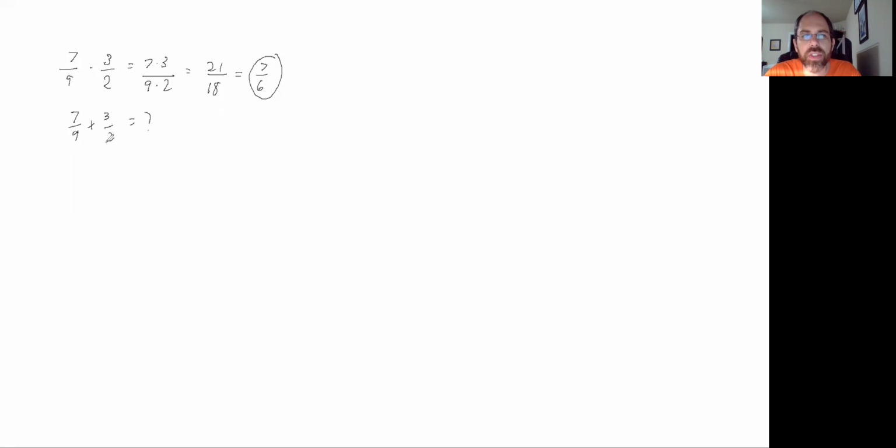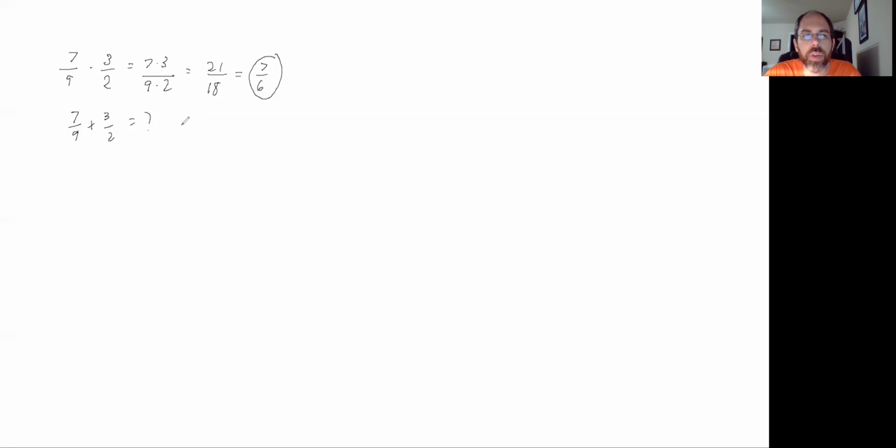I need to make these on the same terms. I need to think of this in terms of ninths, halves, or something that they have in common. Maybe I can't convert halves to ninths very easily, or ninths to halves, but maybe I could convert them both to something a little bit easier to work with. How am I going to do something like that?